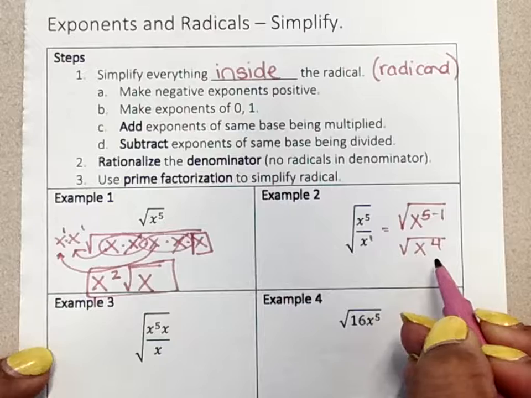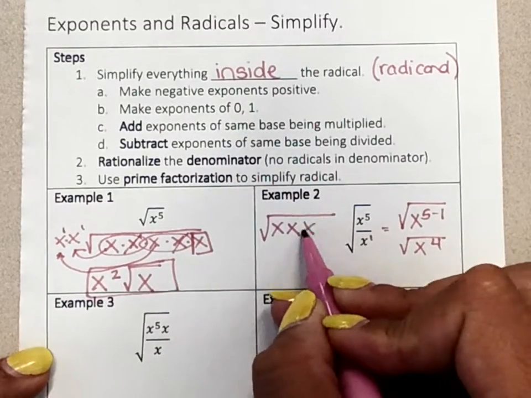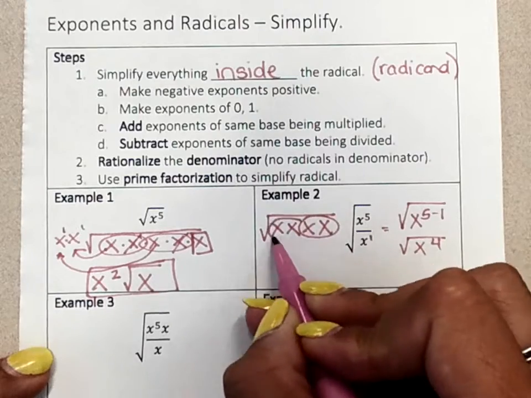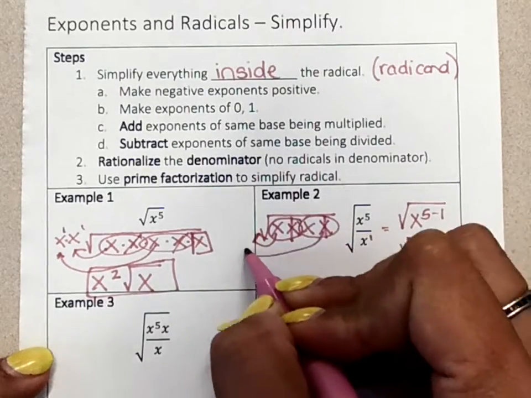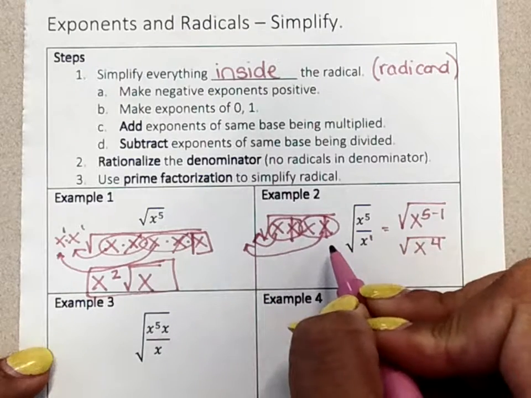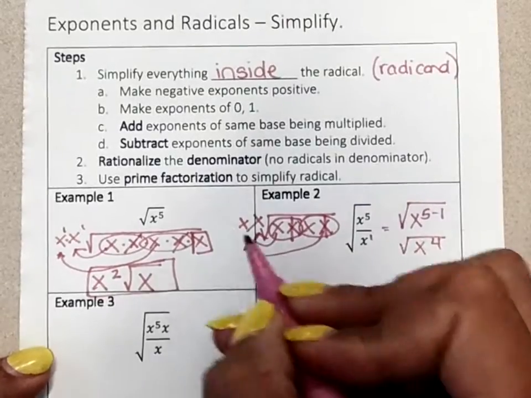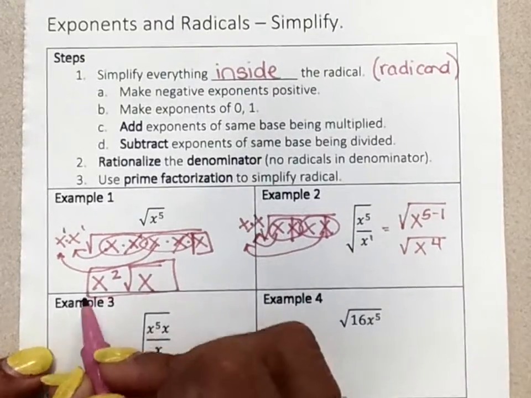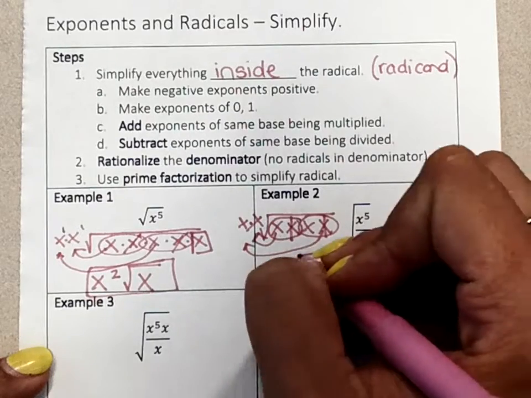And I know that if I expand x to the 4th, I can circle my pairs, leaving nothing inside of the radical, but bringing out 2 x's. And again, x times x, like example 1, is x squared.